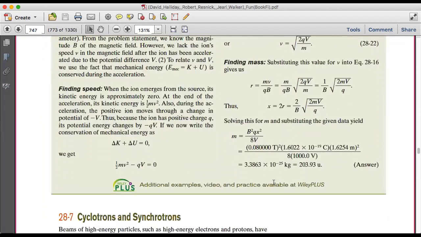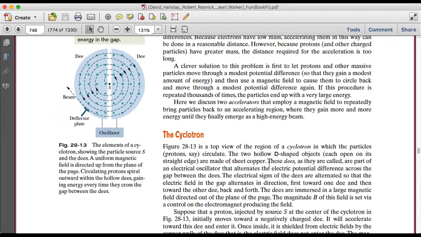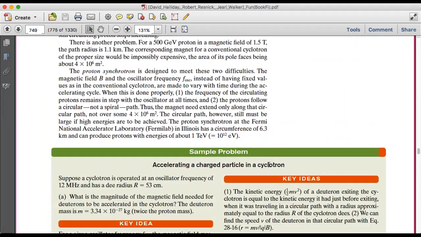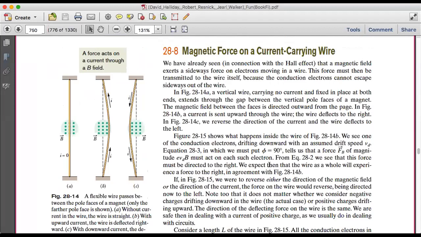So this is the synchrotron. And this phenomenon was observed by Oersted.